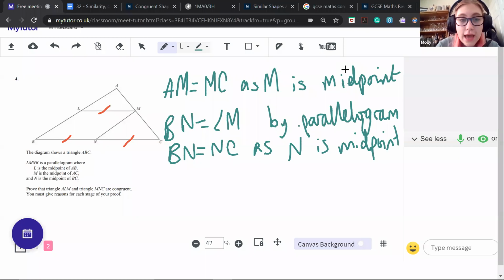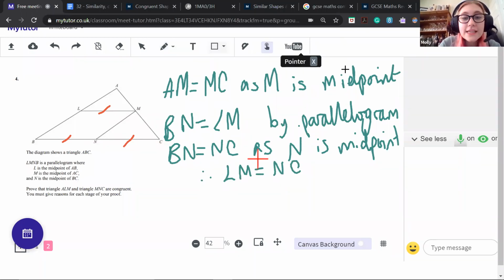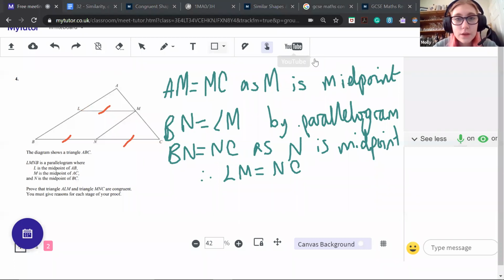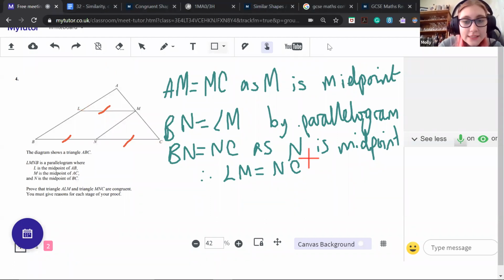Therefore, LM equals NC. Because you see, all this is doing is writing out exactly what we said here. This is the same as this. This is the same as this. Therefore, those two are the same. And we're just writing it out in some fancy notation. So hopefully that makes sense. So yeah, and that's our next side, these two.